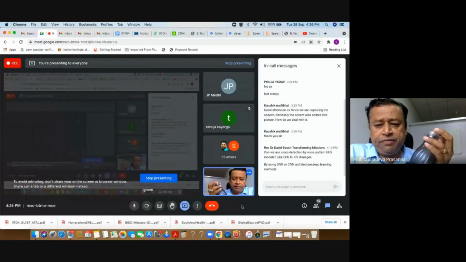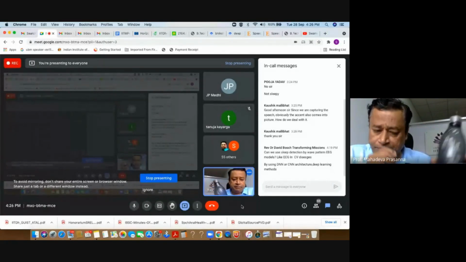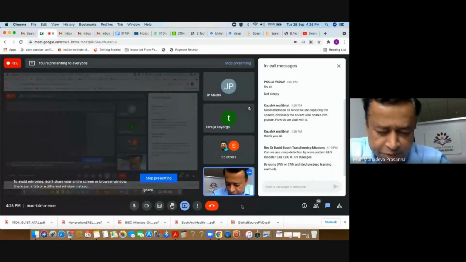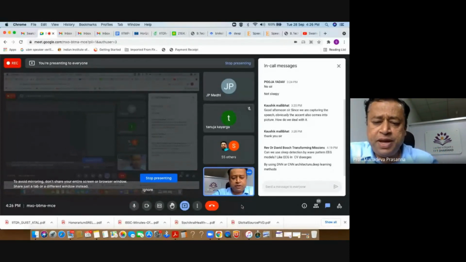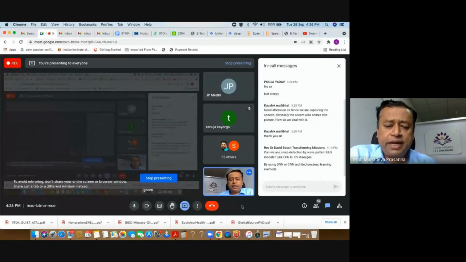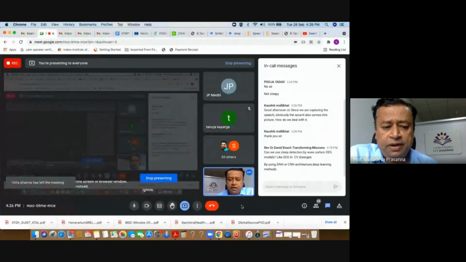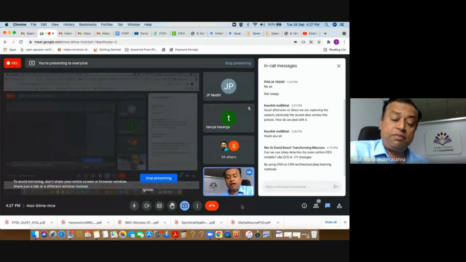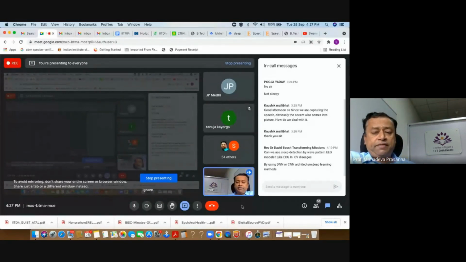Maybe if I go for EEG data, which is much more noisy compared to speech, then you may need many more layers of deep learning models compared to speech. Suppose for speech you are able to achieve it with say 10 layers, this may require 100 layers and a very high order of data, because it is almost like noise. So discovering becomes a challenge there.